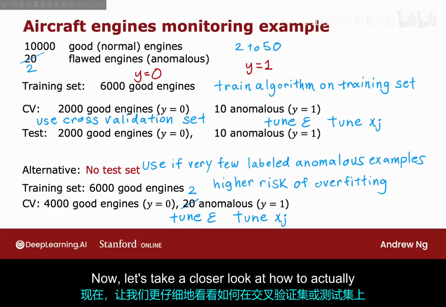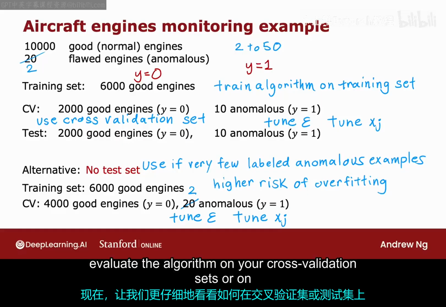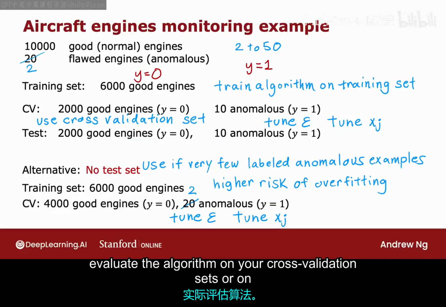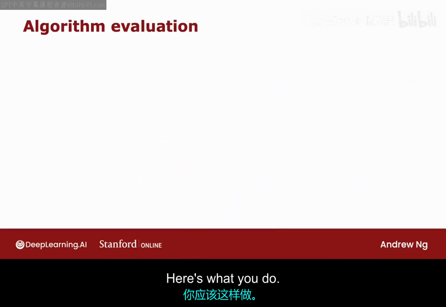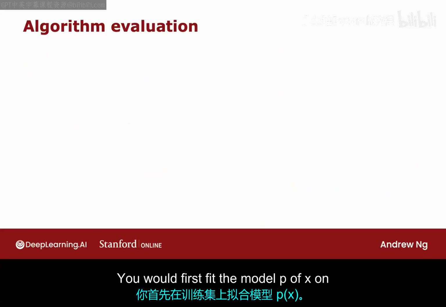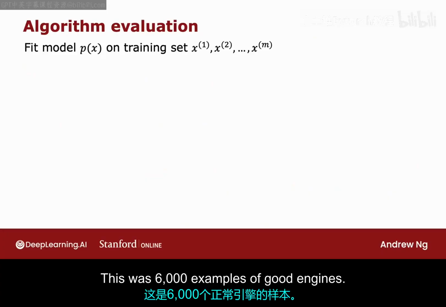Now, let's take a closer look at how to actually evaluate the algorithm on your cross-validation sets or on the test set. Here's what you do. You would first fit the model p of x on the training set. So this was the 6,000 examples of good engines.